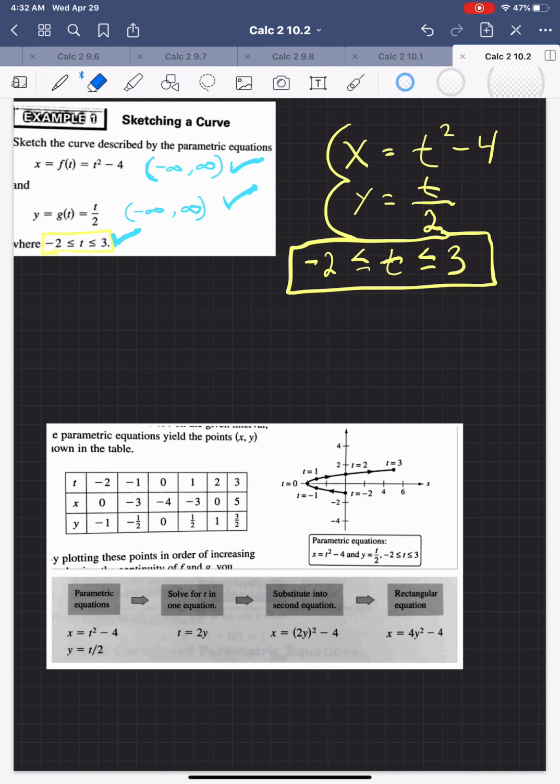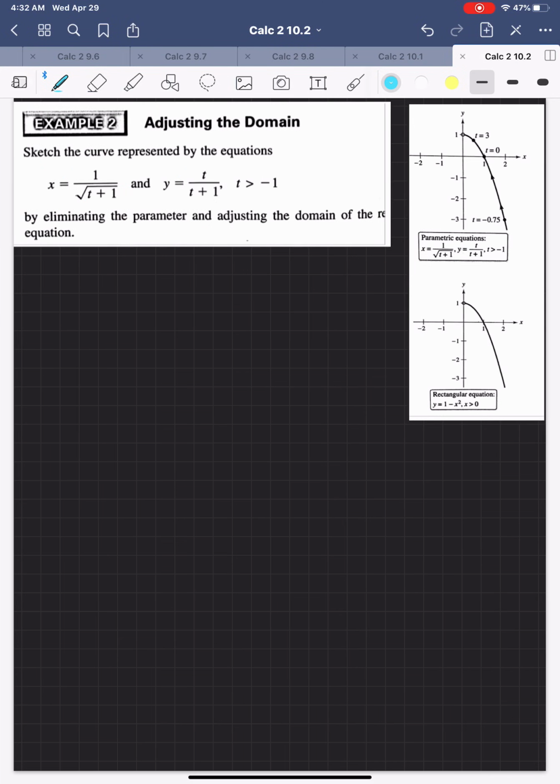And if you have to, you can go back and watch those videos. But that's the part that you'll need to play with, which is what we're going to do right now. So we're now going to practice adjusting the domain. It's very simple because you now have the broad picture of how to do parametric equations, and it's very easy to just skip forward or throw out the nitty gritty of how do I adjust the domain.